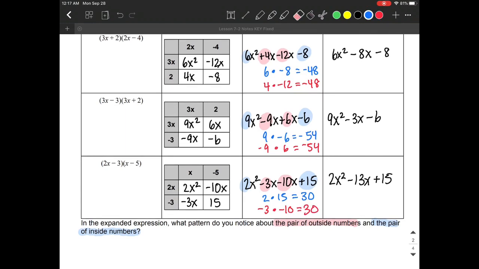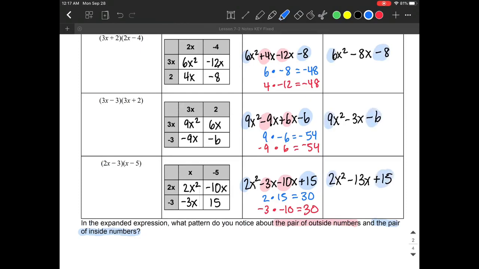But I need to be able to go from simplified form to factored form. So I'm going to look in simplified form and try to find a way to get back to expanded form. I know that 6x and negative 8x, the numbers on the outside, are still present in the simplified form.